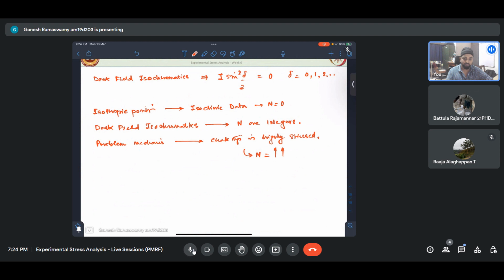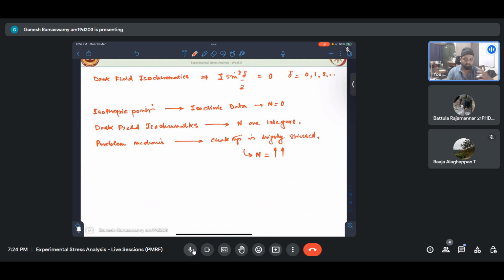Secondly, the question says that it is dark field isochromatic, which tells me that each and every fringe differs from the other by one integer. So essentially, n is an integer. If it was a bright field image, then my fringe orders would start from 0.5, 1.5 like that. So these are 0, 1, 2.